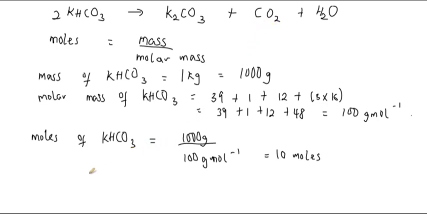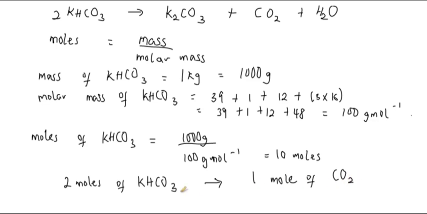So now we say 2 moles of KHCO3 will produce 1 mole of CO2. So 10 moles of KHCO3 now we give X moles of CO2.